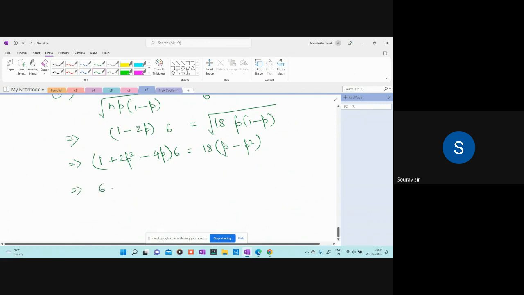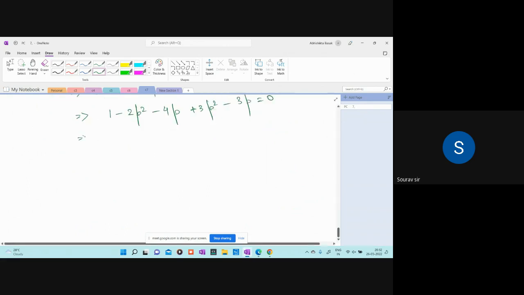So 6, now we can cancel this thing. 1 minus 2p square minus 4p is equals to 3p minus 3p square. Now we will be putting everything on this side, and we will be getting 1 minus 2p square minus 4p plus 3p square minus 3p is equals to 0. Then this calculation is going to give me p square minus 7p plus 1 is equals to 0.